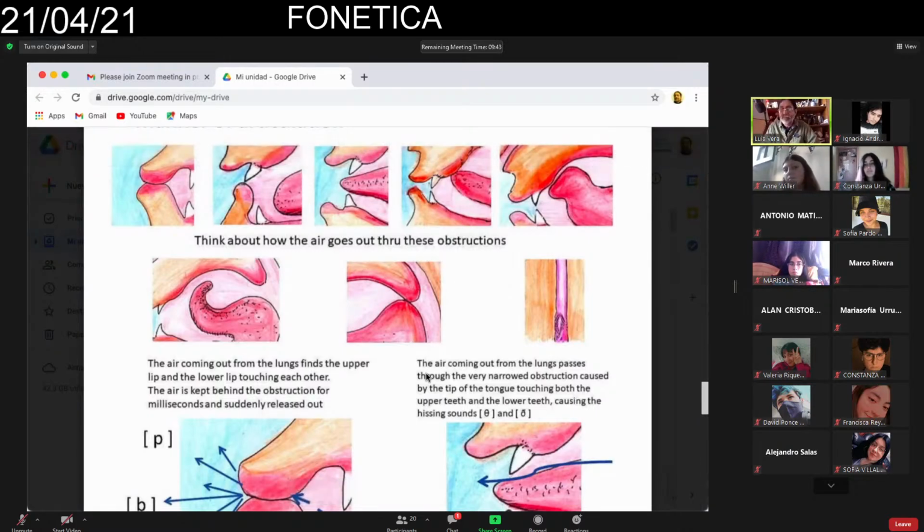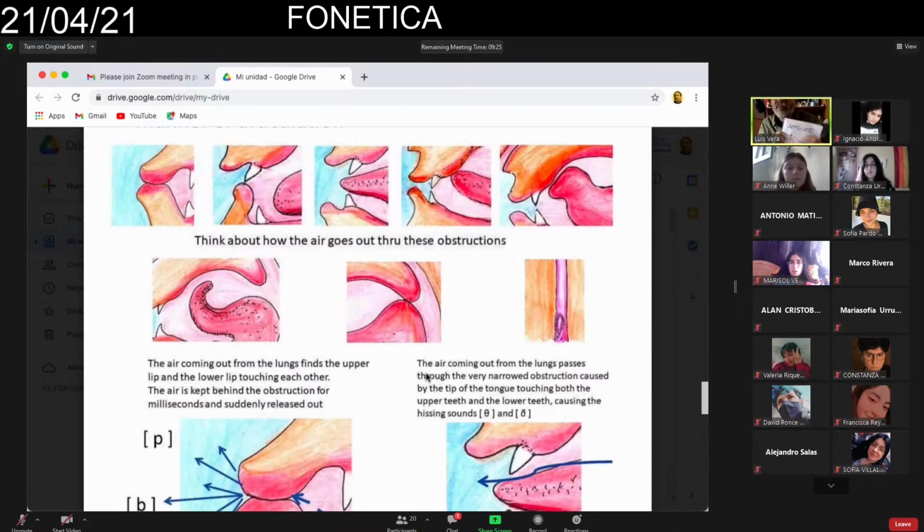In English, we have only this crazy thing. We have the sound t, but we combine it with the sound sh. And we have, as a result, ch.